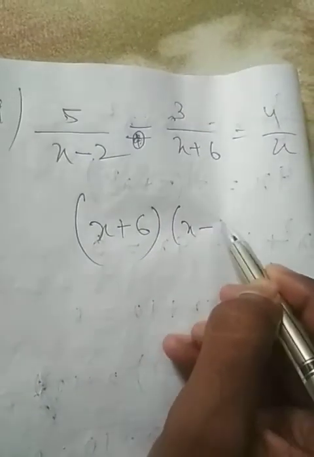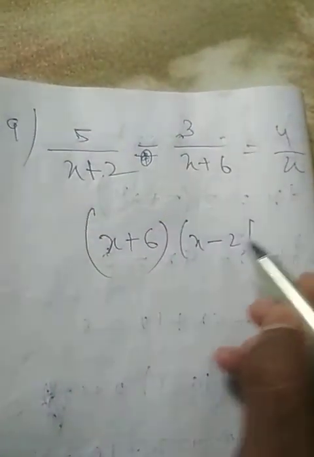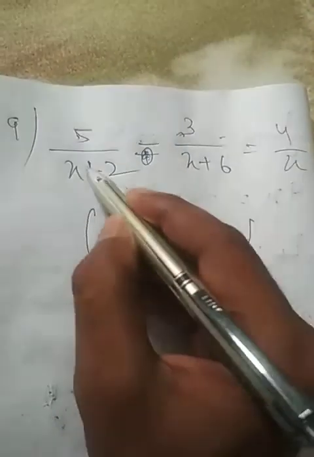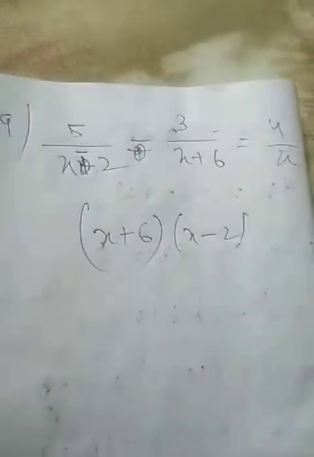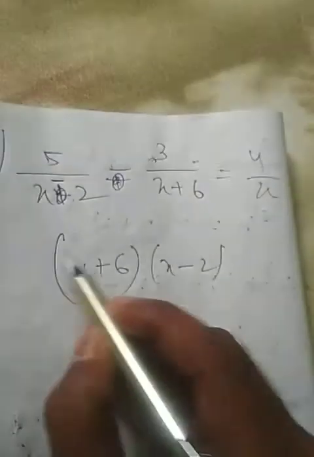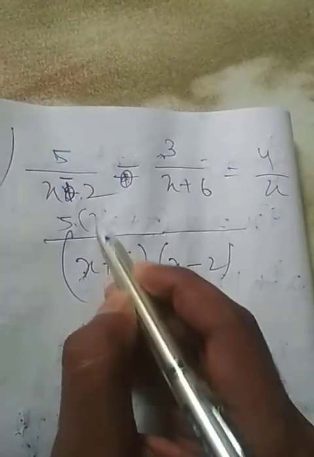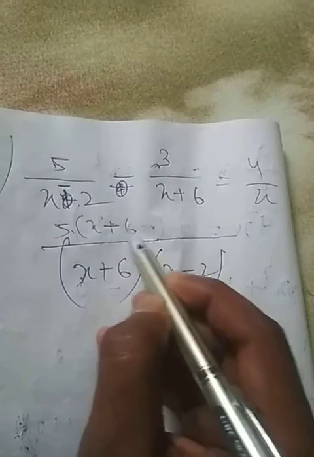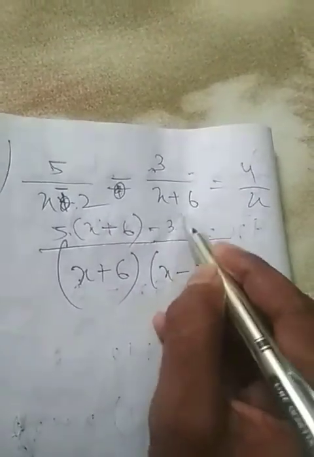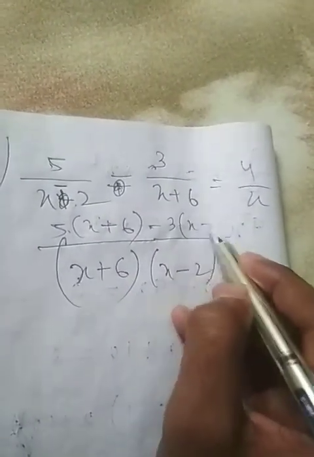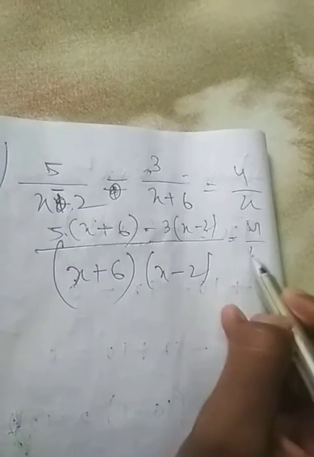LCM is x plus 6 into x minus 2. So I got 5 into x plus 6 minus 3 into x minus 2 equal to 4 by x.